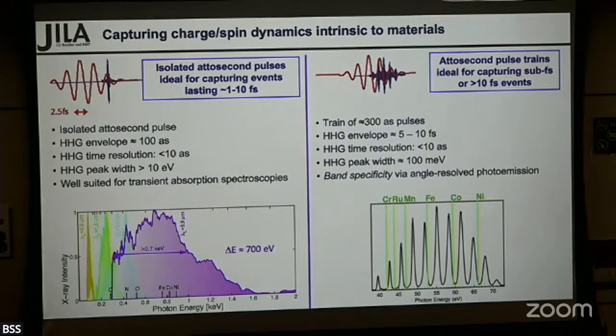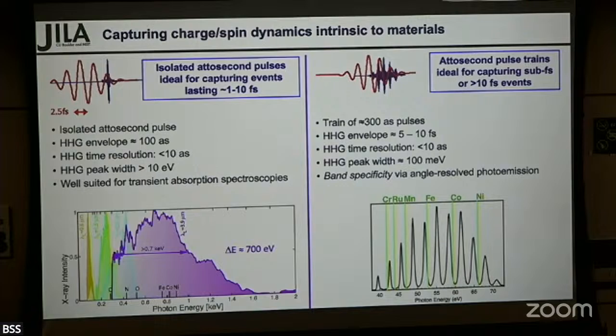And the surprising thing is that with this sort of pulse train, these bursts emerge every half cycle of the laser. So with the Ti-sapphire laser, this is the laser field in red, the X-ray bursts are in blue. And if you use a Ti-sapphire laser, the time difference between these two bursts is about 1 1/4 femtosecond.